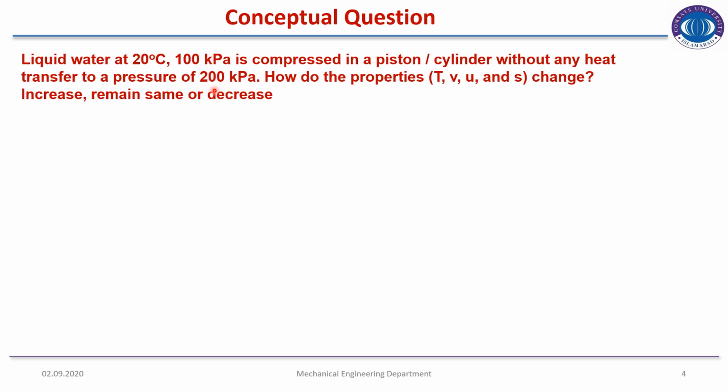So the final pressure is 200 kilopascal and no heat is entered into the system. So we are asked to suggest the trend of temperature, specific volume, specific internal energy and specific entropy change. Either they are increased, decreased or remain constant.